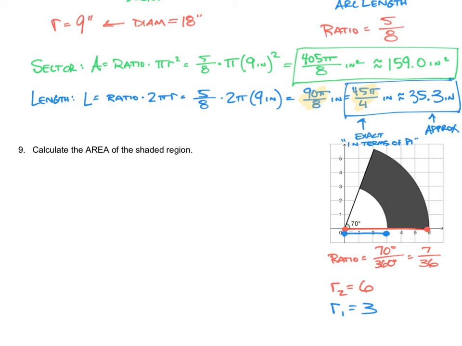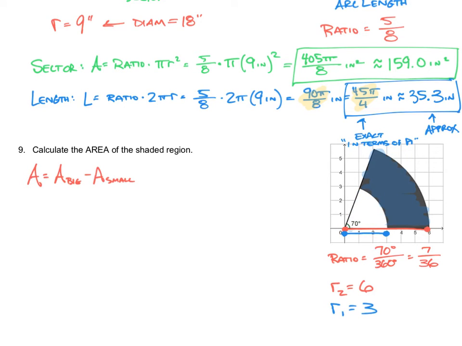What I'm going to do is format it like this. I'm going to say the area that we're looking for is equal to the big sector minus the small sector. Just to visualize this, I'm going to find this total area, and then I'm going to subtract out this area.